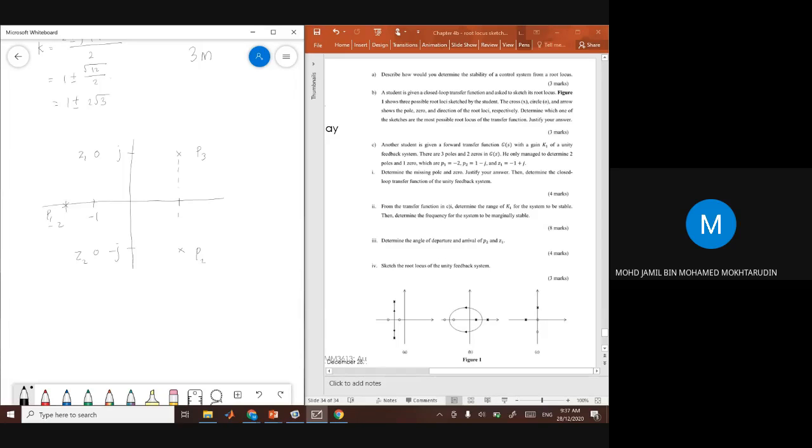Okay, so here it's this angle, theta 3 equals minus 90 degrees, and then from this pole it's this angle, so theta 1 equals minus tangent inverse of 1 over 3.